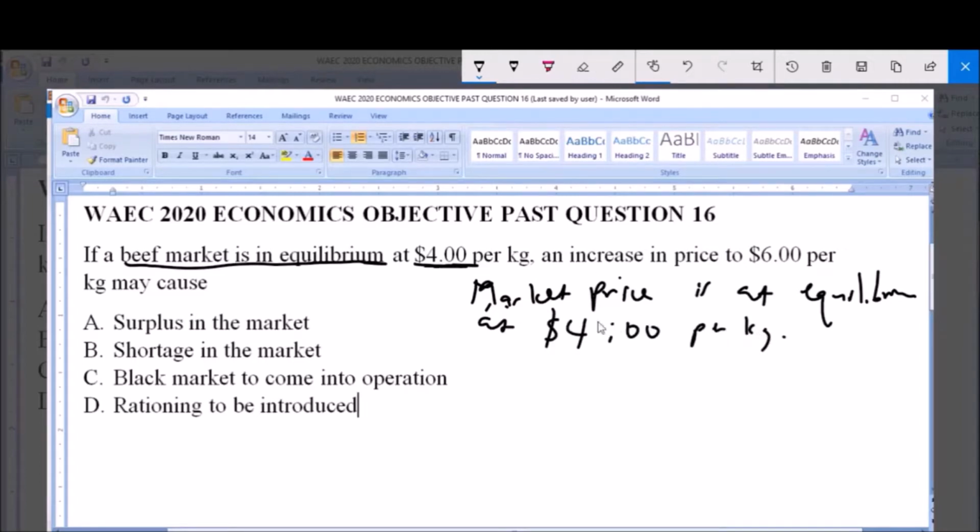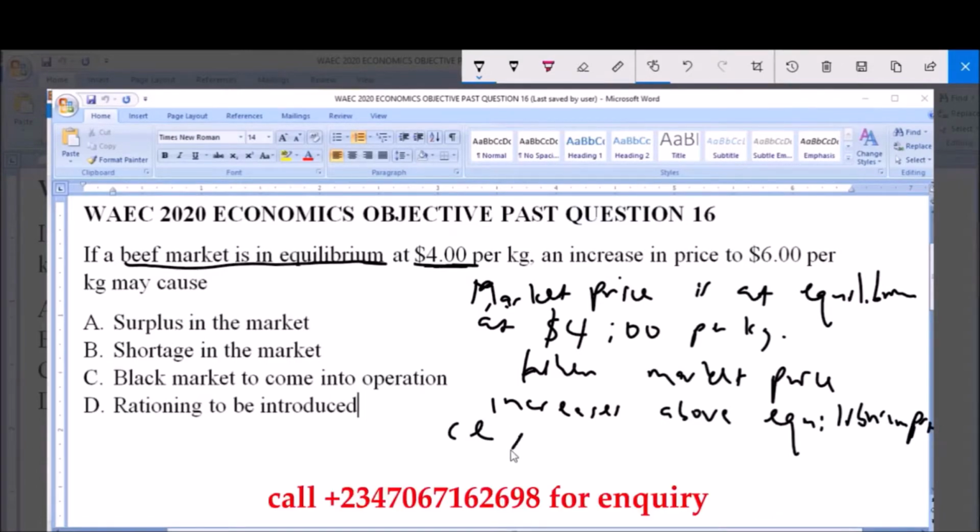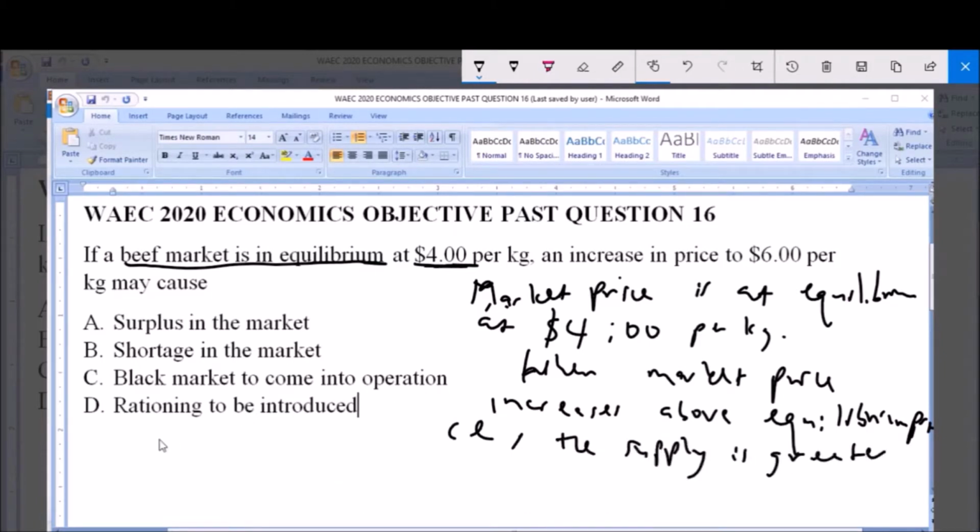Now, as it relates to market price and equilibrium, whenever market price increases above equilibrium price, the quantity supplied is greater than the quantity demanded.